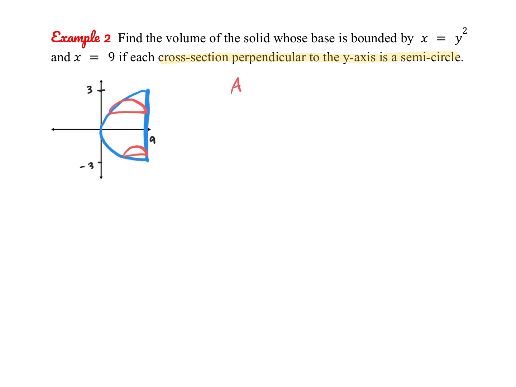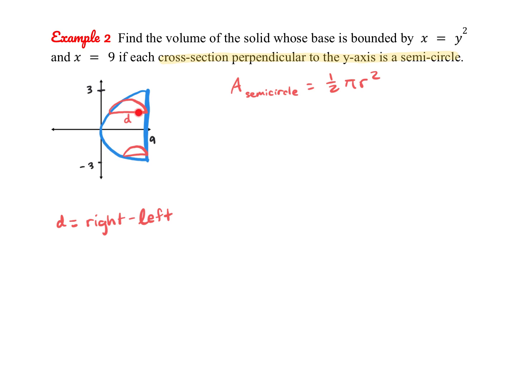The area of the semicircle is going to be 1/2 pi r squared, and we need to find a way to define r. First we can start by defining our diameter. The diameter is going to be right minus left.